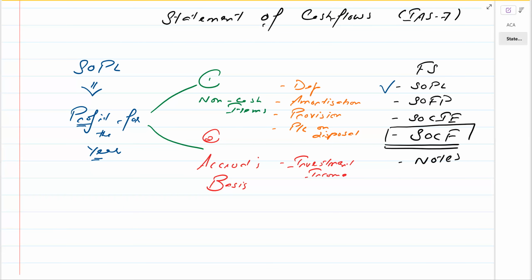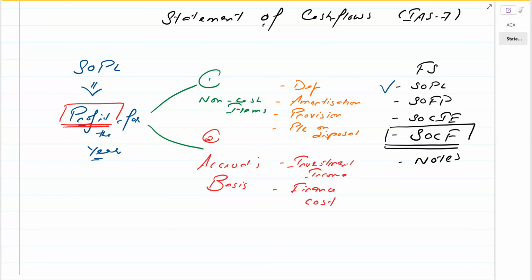So you have recorded the investment income even if it is not received, so your profit does not represent the cash. Similarly, you talk about the finance cost. The finance cost is the interest expense, which you have recorded on the accrual basis, and it is not yet paid, but you still have recorded it because of the accruals concept. So within the calculation of the profit, there are two things.